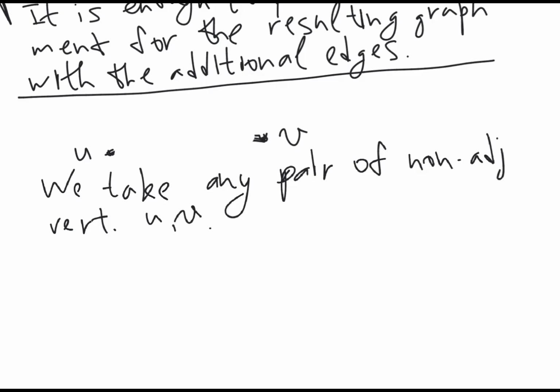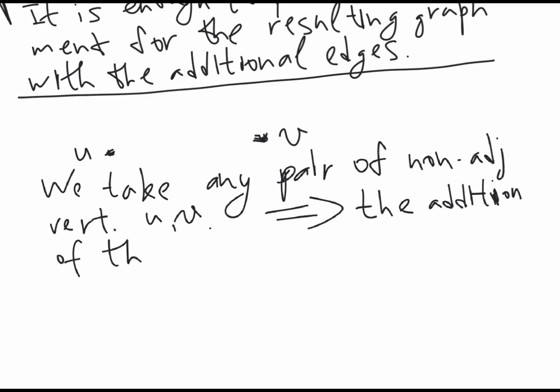Because they're non-adjacent, by the maximality of edges of the graph that we take, because we already added all the edges that we could without making it Hamiltonian, the addition of the edge uv would make it Hamiltonian.